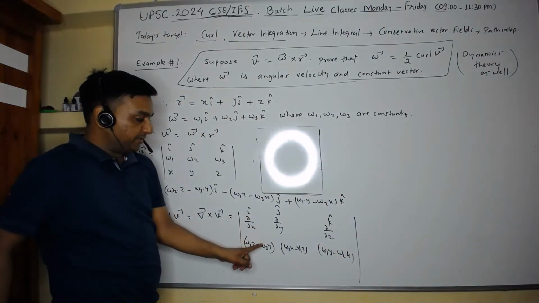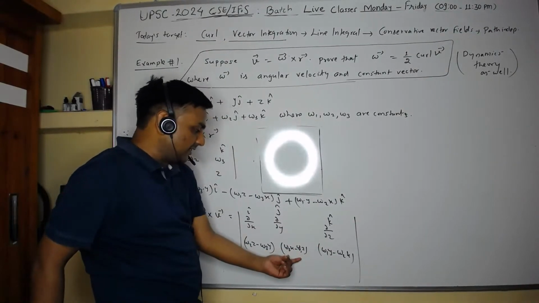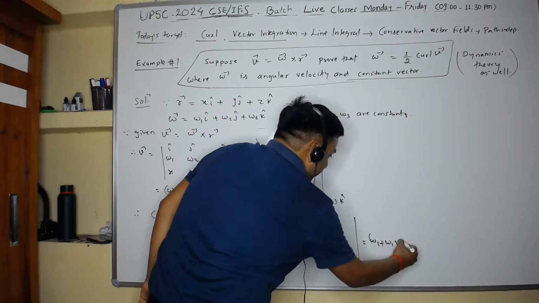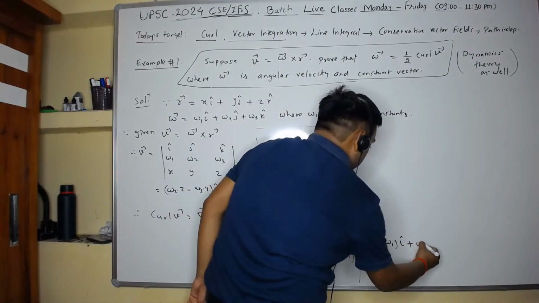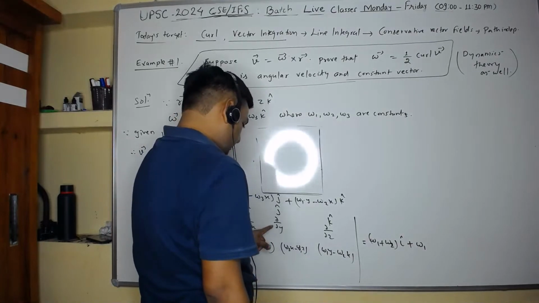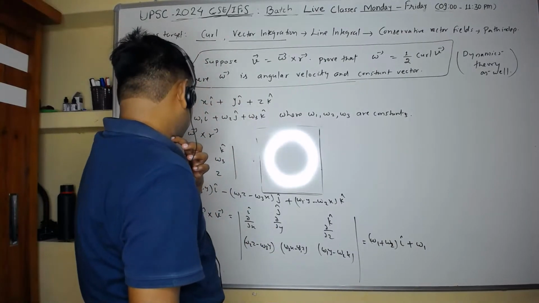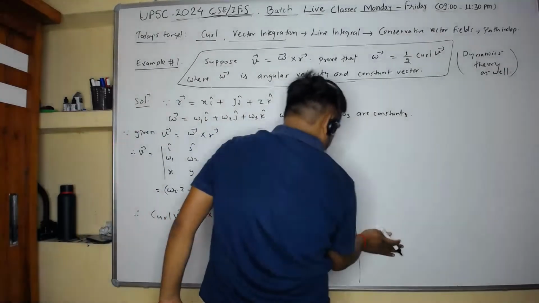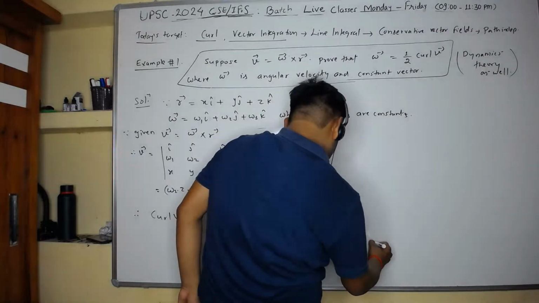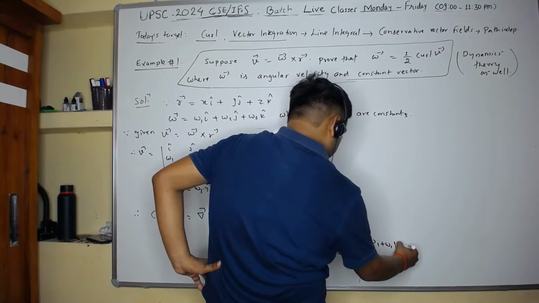Now if you compute each and everything here, del over del y of omega 1 y minus del over del z of omega 3 x minus omega 1 z gives omega 1 plus omega 1, so you will get 2 omega 1 i cap.